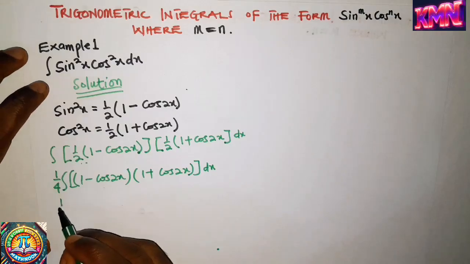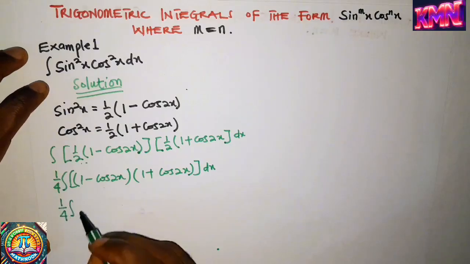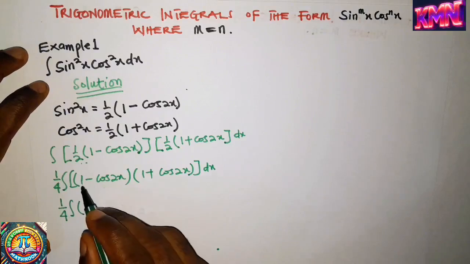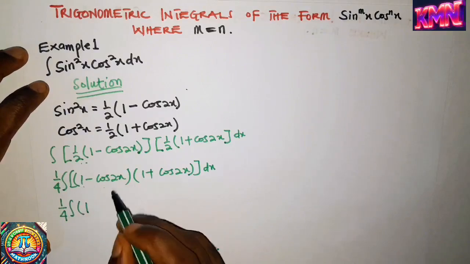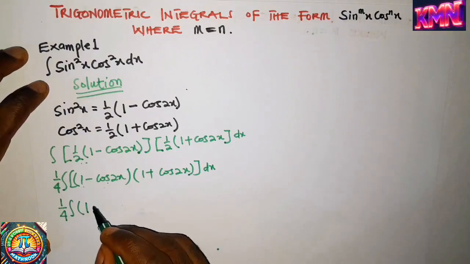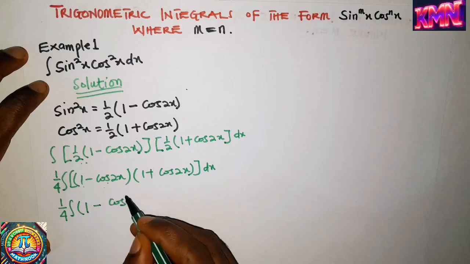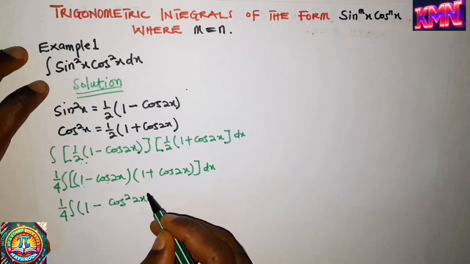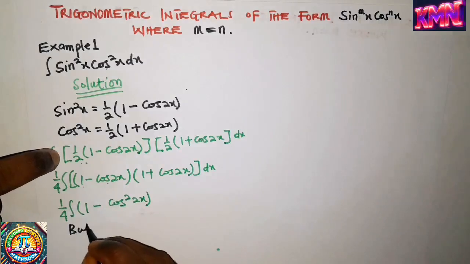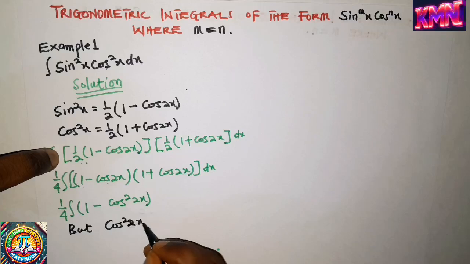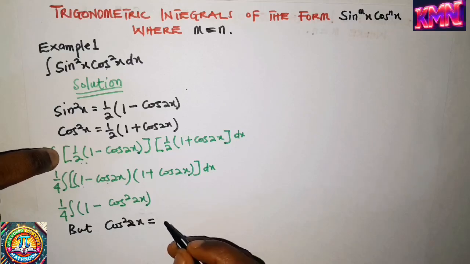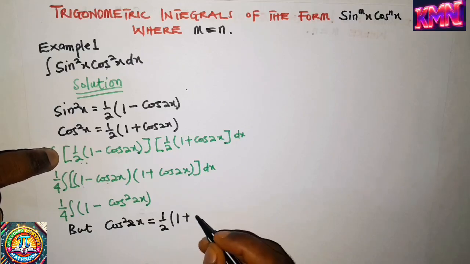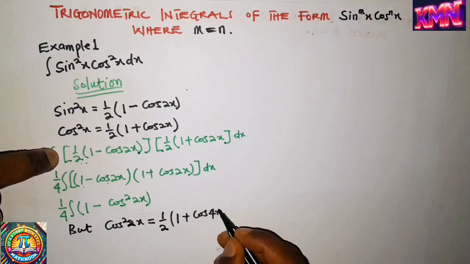So that will give us 1/4 integral of 1 multiplied by 1, that is 1, minus cosine squared 2x. But you shouldn't forget that cosine squared 2x is also the same as 1/2 bracket 1 plus cosine 4x.